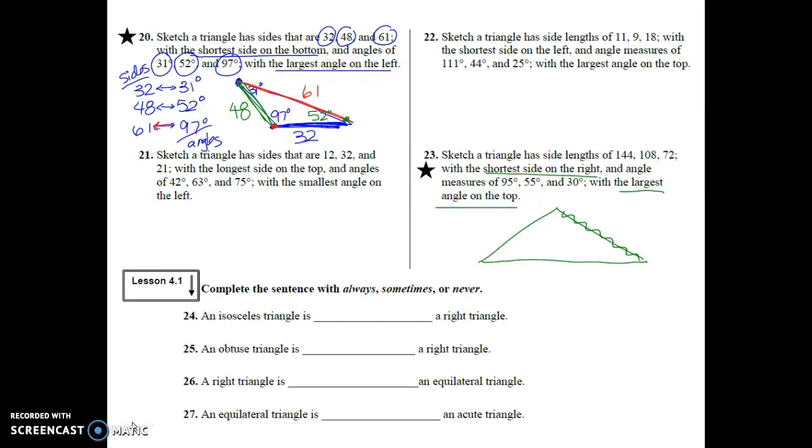This being the right side, so this will be your shortest side over there, and up here is your largest angle. Again, organizing your information, small to large, putting the opposites across from each other.